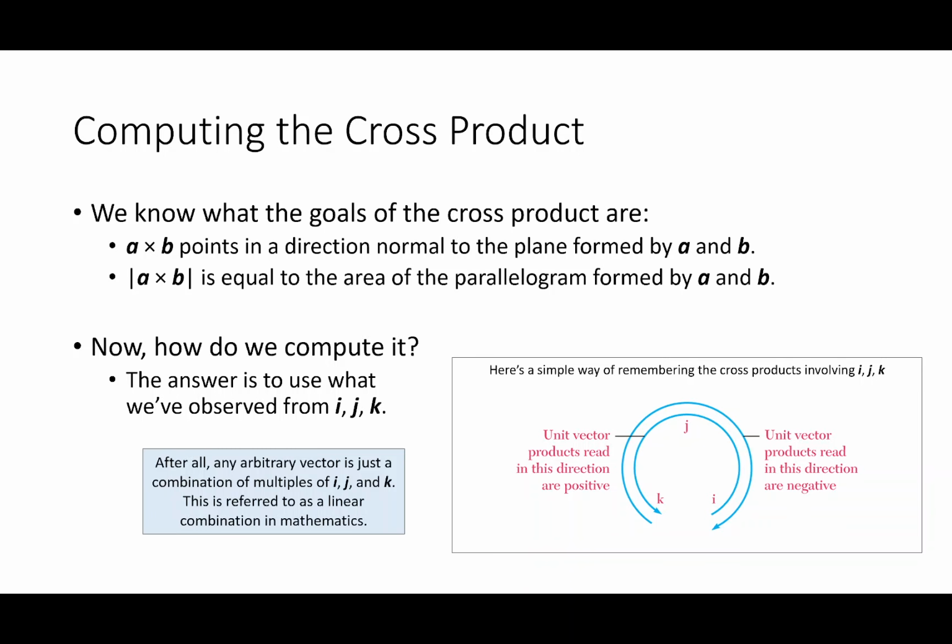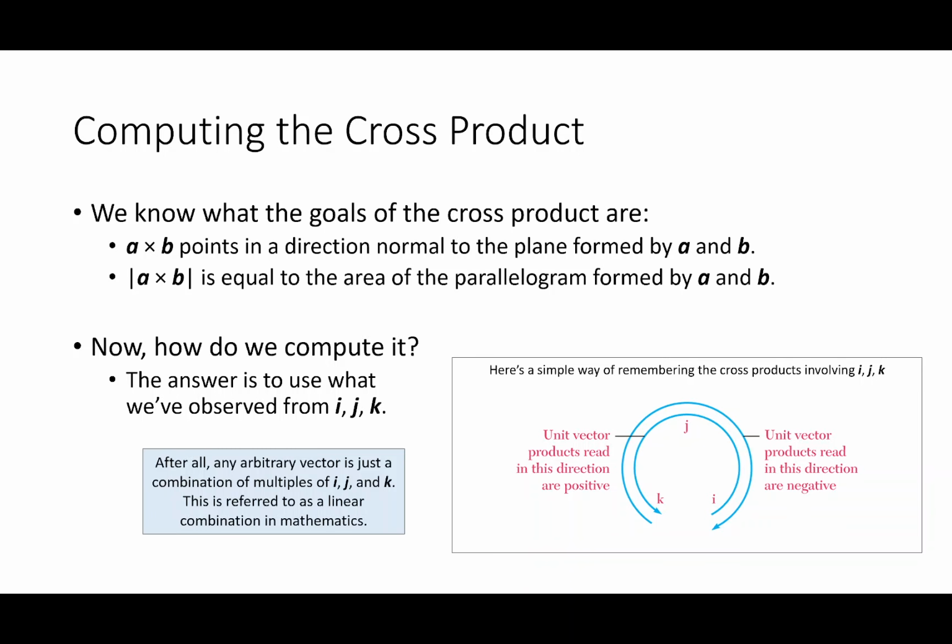I'm going to write a lot here, but bear with me. So what do we got? We've got the first terms, the second terms, the third terms.